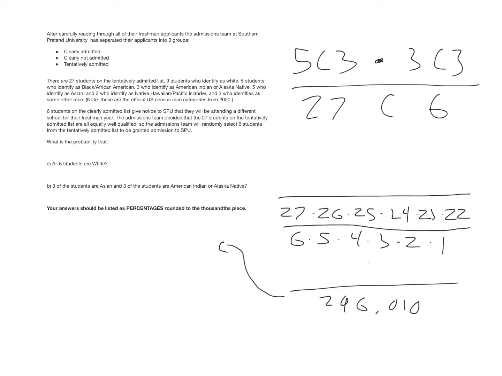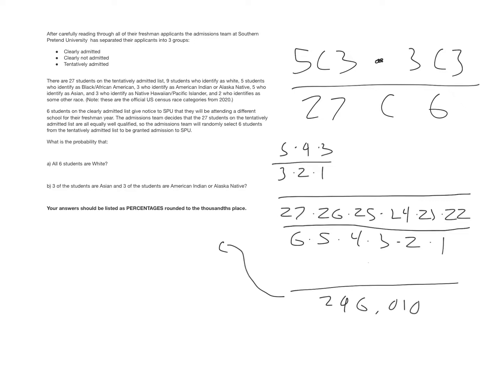And so once again, I need to think, what am I doing here? I'm choosing 3 students. I have 5 options for the first, 4 for the second, 3 for the third, but I can do it in any order I want. So I need to divide out the possible rearrangements of any particular grouping of 3 students.